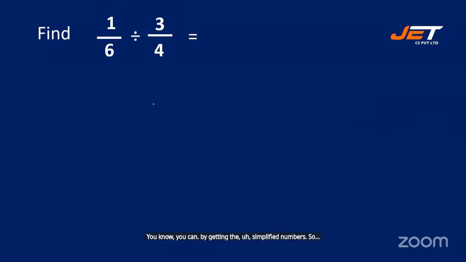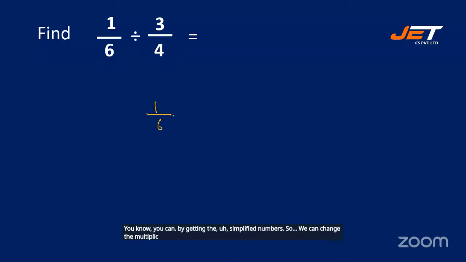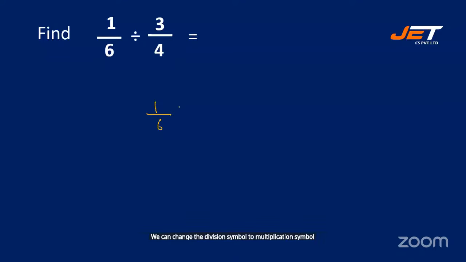So we can change the division symbol to multiplication symbol by interchanging the numerator and denominator. So we get 1 by 6 into 4 by 3. So 2 2s are 4, 2 3s are 6. So it is 2 by 9.